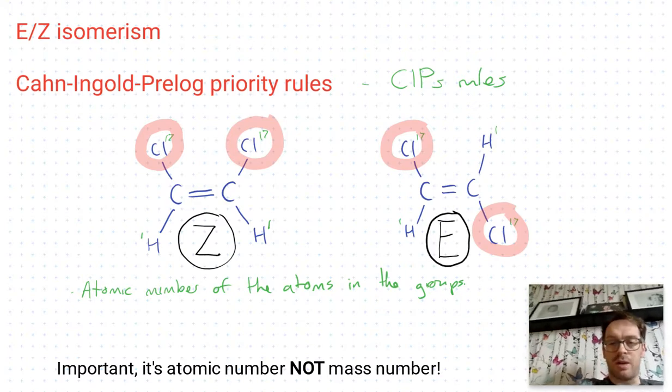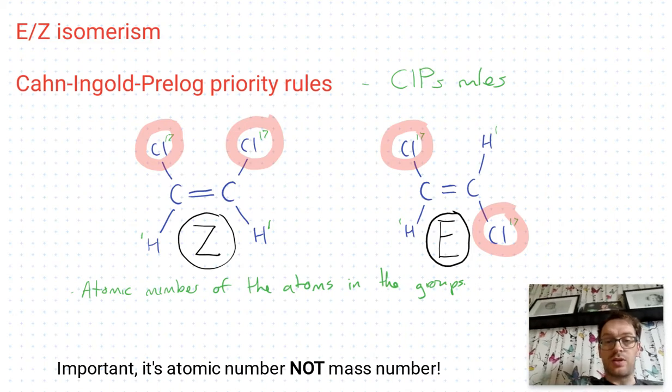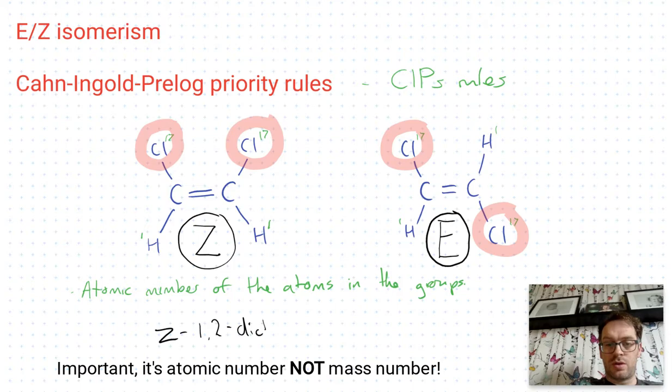In terms of naming, that just goes at the start of the name. So for that first one, it's going to be Z-1,2-dichloroethene.